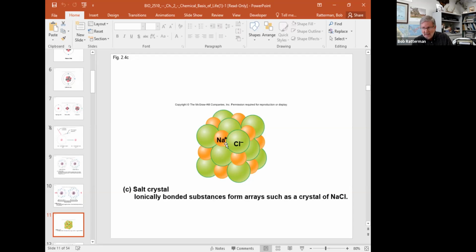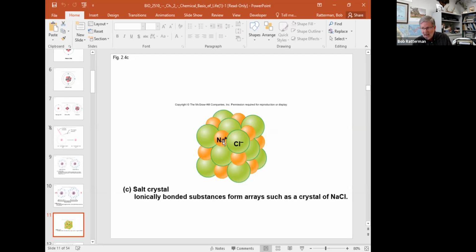Another way of saying that is that every positively charged sodium ion is surrounded by chloride ions. Why? Because opposite charges attract. So it's these unlike charges and their attraction that holds ionically bonded compounds together. That's what holds this crystal together.